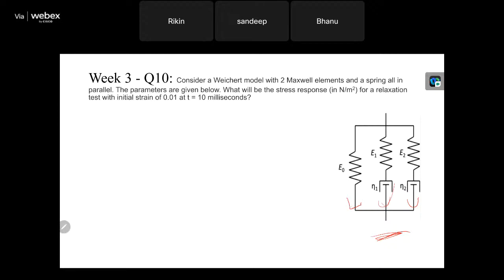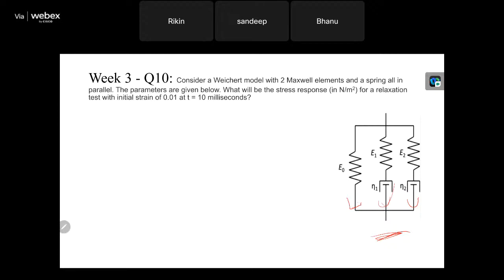Now, if you have to calculate the stress response of this relaxation test, since it is given that this is a relaxation test, you have derived the equation of stress response for a generalized Maxwell model.